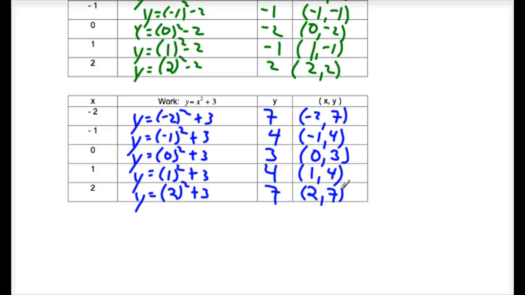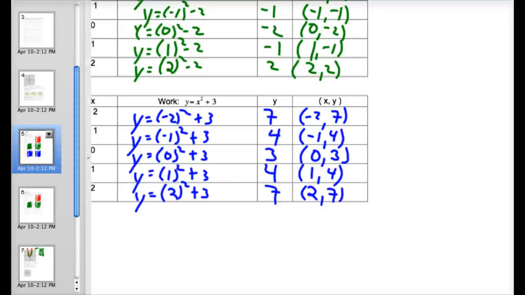Okay, you were right. So your y column, guys, make sure you have this y column correct in your notes. 7, 4, 3, 4, 7. Notice that 1, 3, and I bet the next, if we did 3, I bet it would be at 11. Or no, it would be at 12. Excuse me. 1, 3, 5.